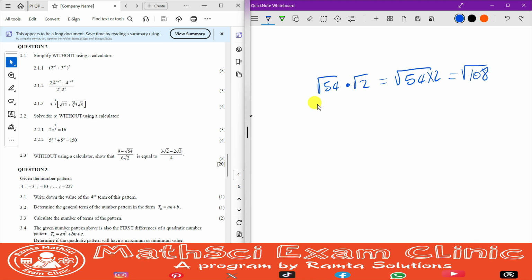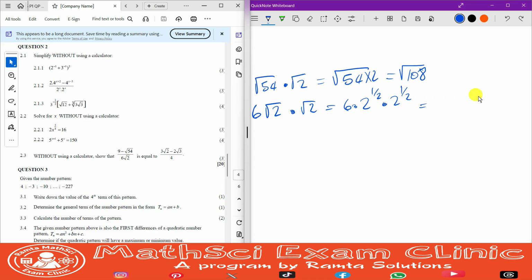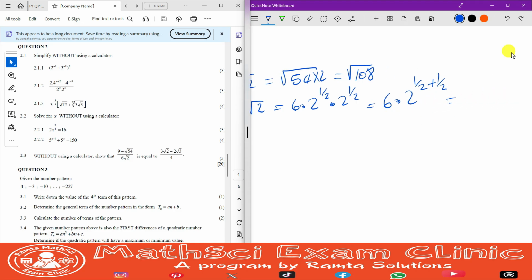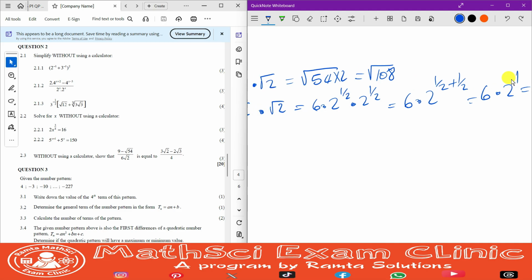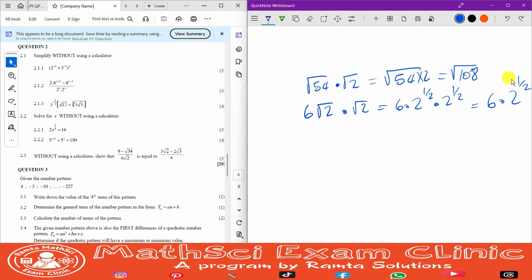Now if you say 6 root 2 multiplied by root 2, it is the same as saying 6 times 2 to the power half times 2 to the power half. When bases are the same, you add exponents. This is 6 times 2 to the half plus half, which will be 6 times 2 to the 1. This is 12. All right, and this is how we got our answers.